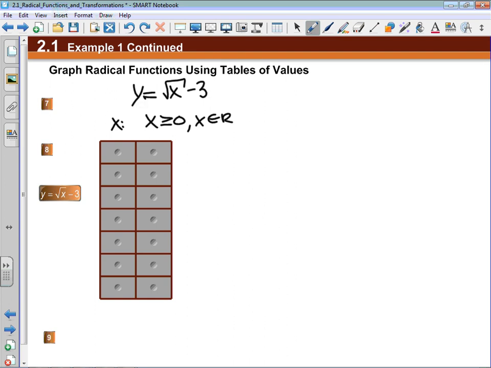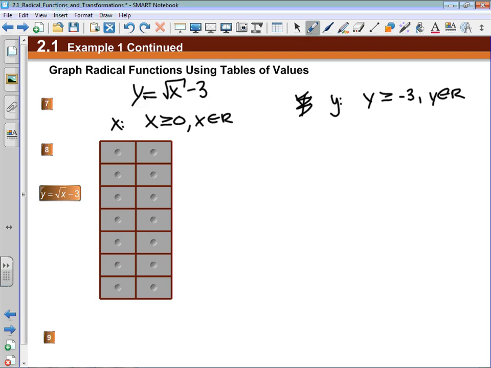So the lowest number possible is going to be 0 minus 3, but it's going to be everything greater than that. So my range will be that y exists, and I guess I used inequalities over here, so I'm going to do that again. For y, we're going to say that y must be greater than or equal to negative 3, but it's any real number that satisfies that condition.